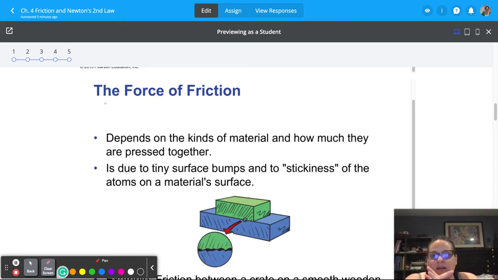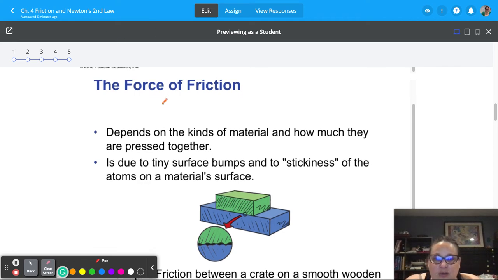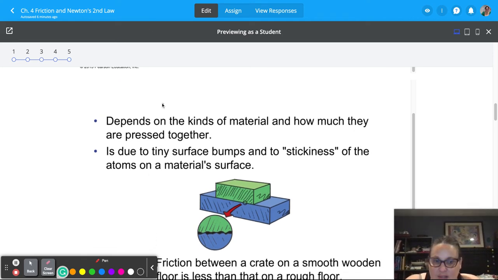And the friction itself is just due to surface bumpiness. So if you have 100% no bumps, then you have no friction. And in most cases, we do have friction. You can have friction in any material. As long as there are two things, you will have friction.